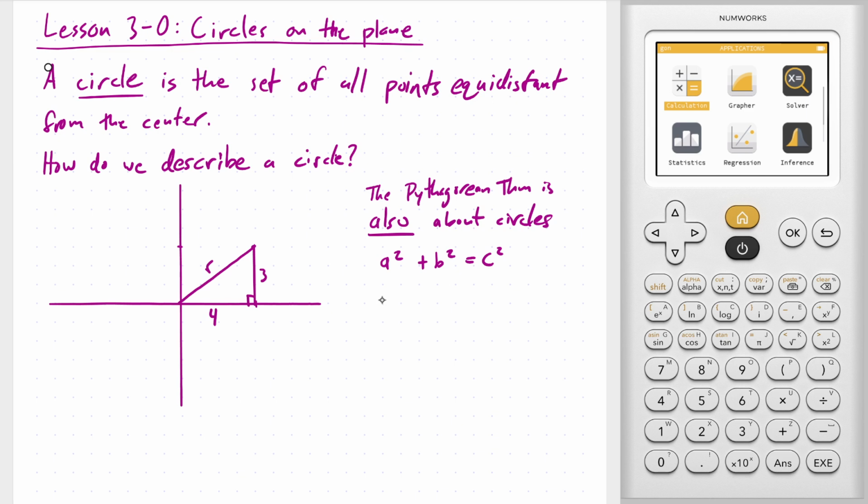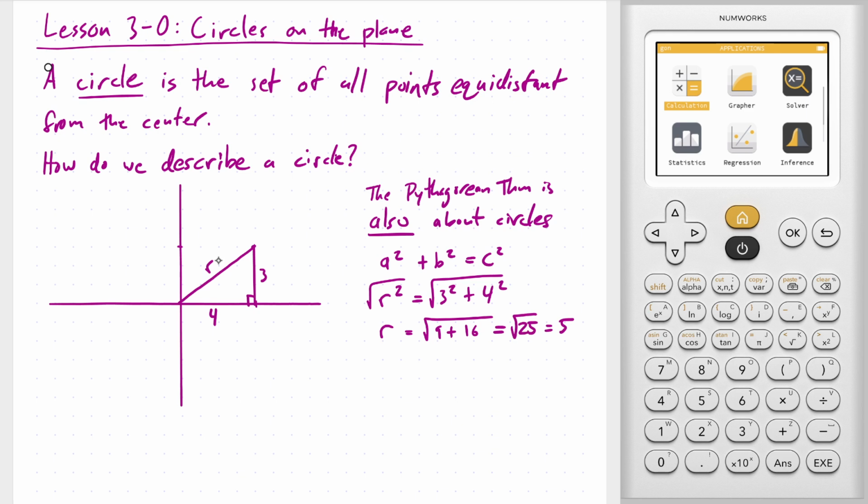So r is the length that I'm interested in here, and those of you who've worked with the Pythagorean theorem probably know what's coming, but let's get it down. r squared is equal to 3 squared plus 4 squared. Then we take the square root of both sides, and we get that r is equal to the square root of 9 plus 16, which equals the square root of 25, which of course equals 5.